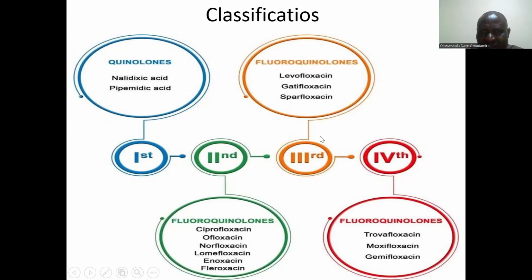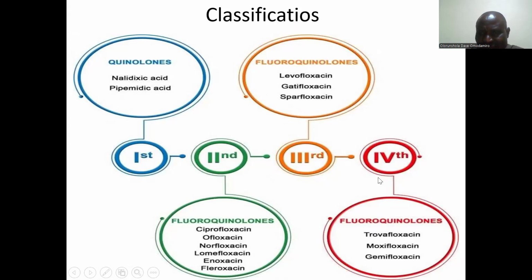While the third generation fluoroquinolones are levofloxacin, gatifloxacin, and sparfloxacin. They are all third generation quinolones. Of course, I've said they are fluoroquinolones because their spectrum of activity was enhanced by the addition of fluorine.